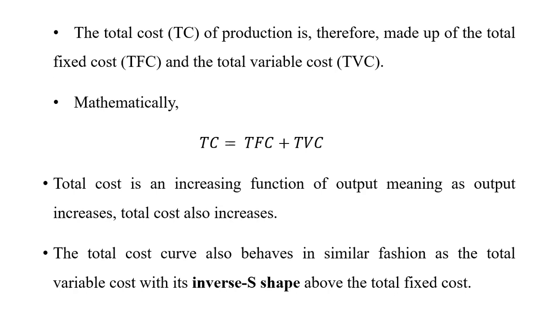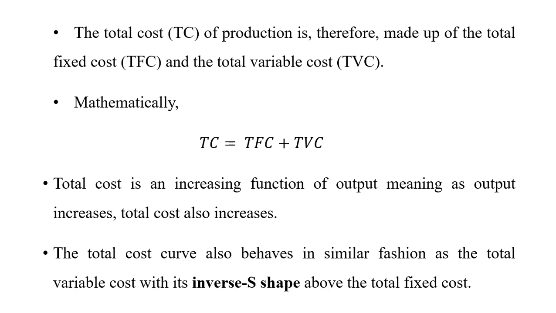So the total cost of production is the sum of the total fixed cost and the total variable cost.